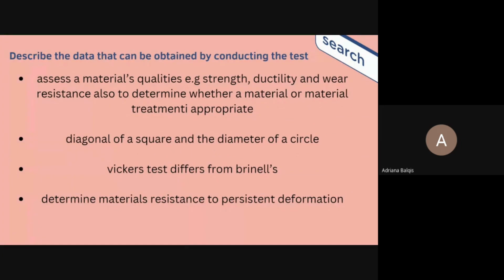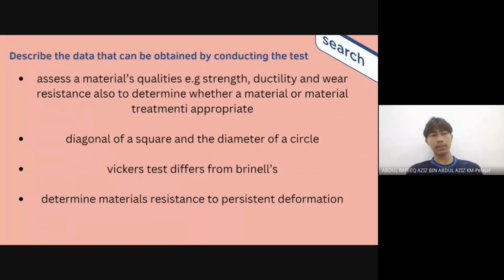Thank you, Miss Adriana. So next, I will describe the data that can be obtained from the test. First, from the hardness test, we can assess material qualities such as strength, ductility and wear resistance. Also, they determine whether a material or material treatment is appropriate. And we can also measure the diagonal of a square and the diameter of a circle.